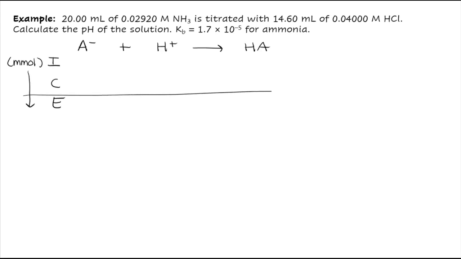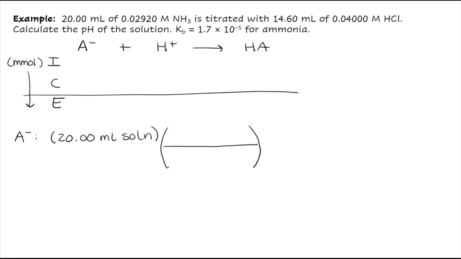We need to calculate millimoles, so we'll start by doing that for A-. Our volume is 20.00 milliliters of solution times the molarity of the A-, which is 0.02920 moles of A- per liter of solution.